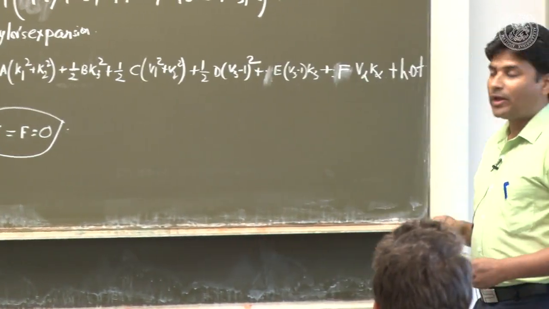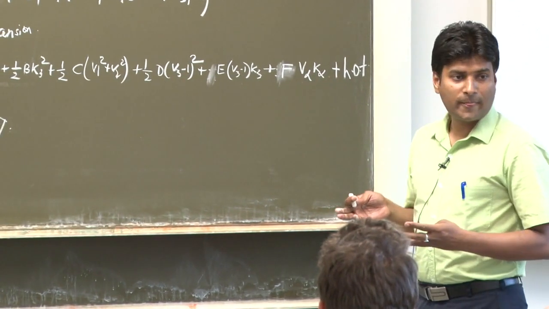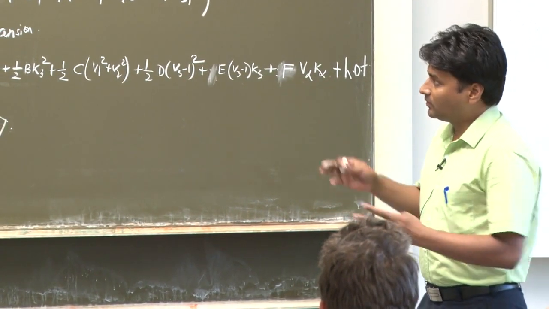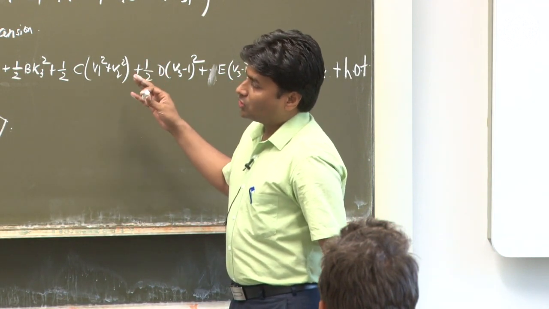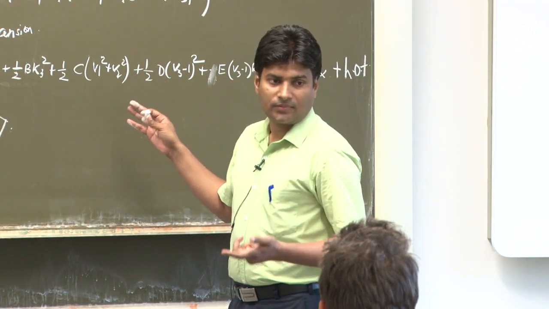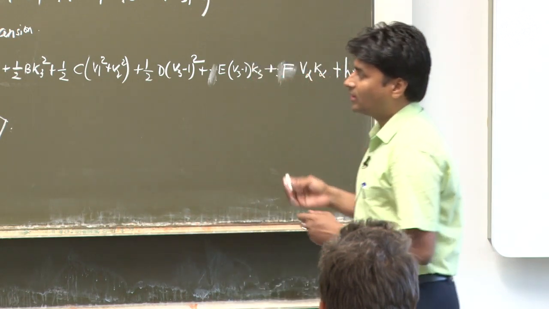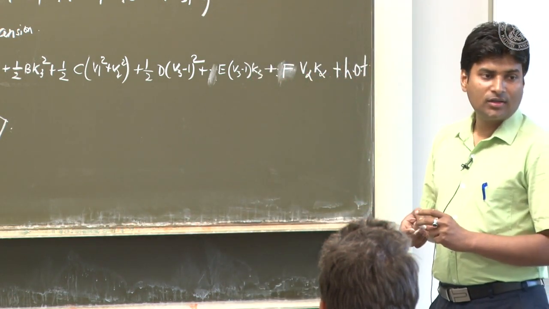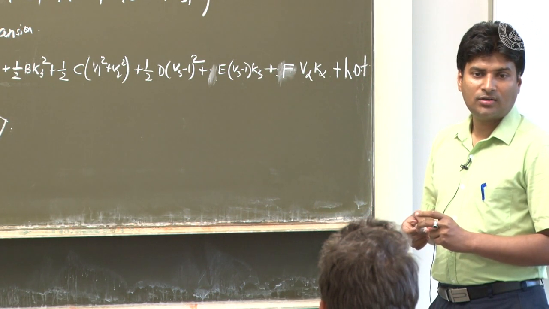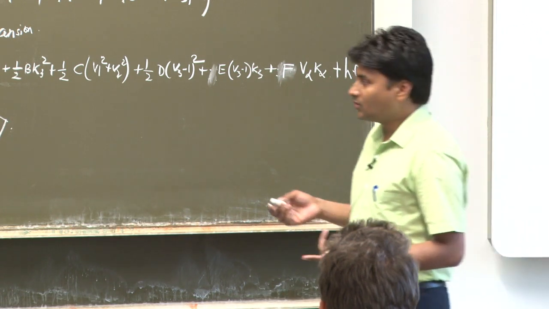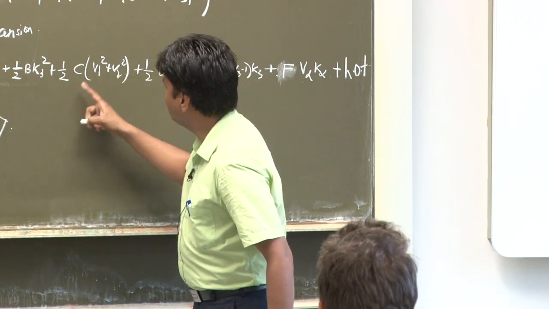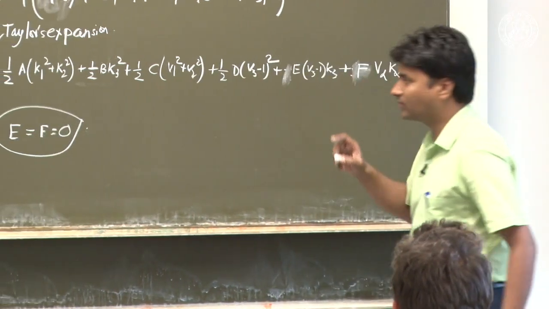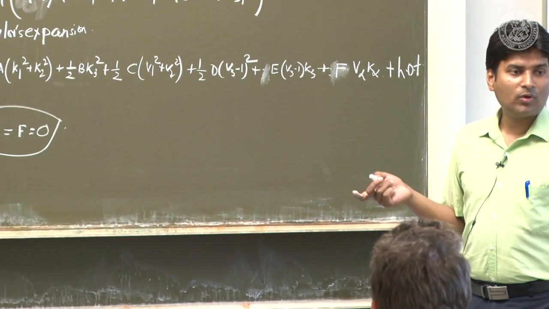Okay, now, if you want to proceed further, then we ask, is our constitutive law complete? By that, do we have sufficient knowledge of the constitutive model? Of course, it is not, because the coefficients, for example A, B, C, D, E, F, we do not know what they are.